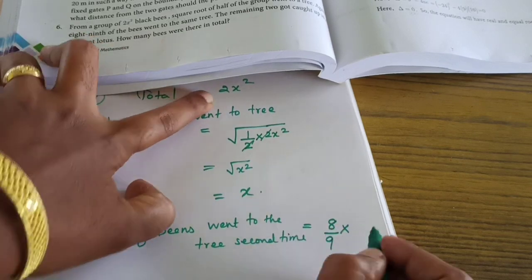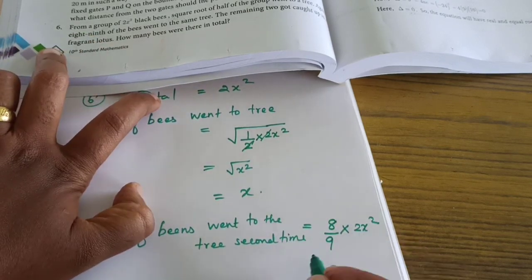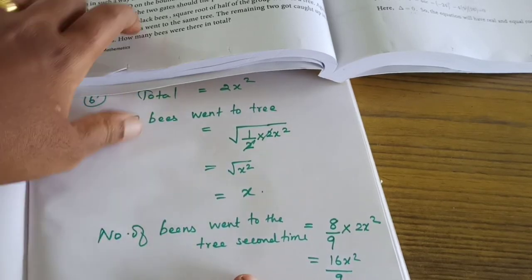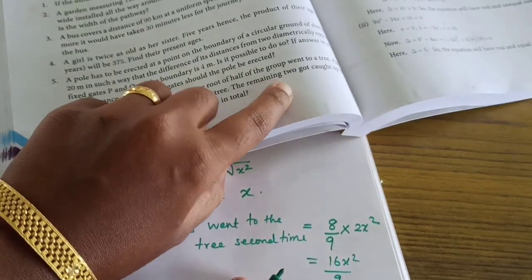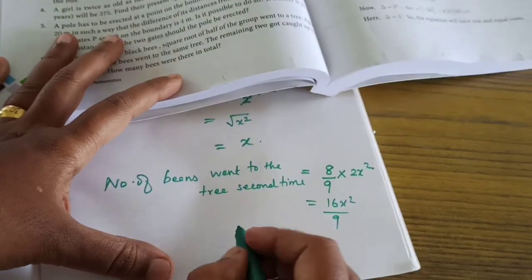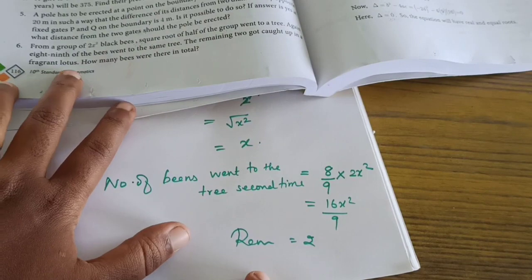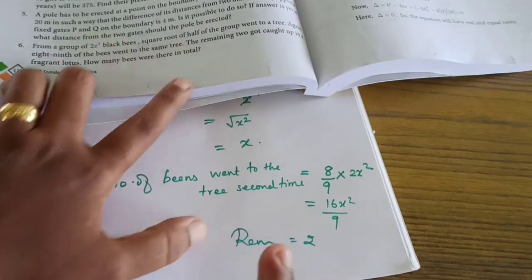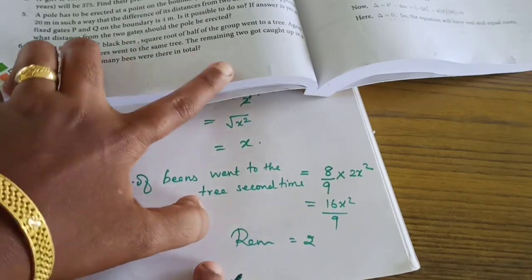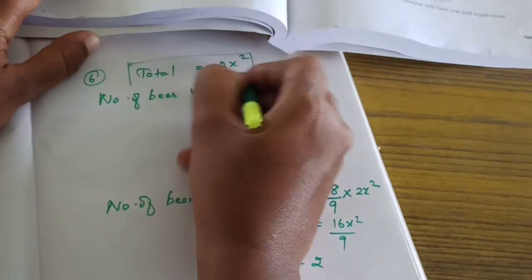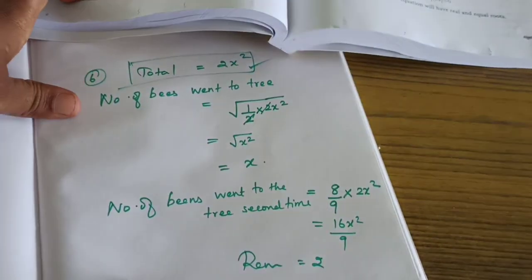Of the bees means the total number of bees, 2x square. So 16x square by 9 bees went to the tree the second time. The remaining 2 caught up in a fragrant lotus. They are in the lotus. The remaining are only 2 bees. How many bees were in total? So total bees we need to calculate. Total means 2x square only we need to calculate.